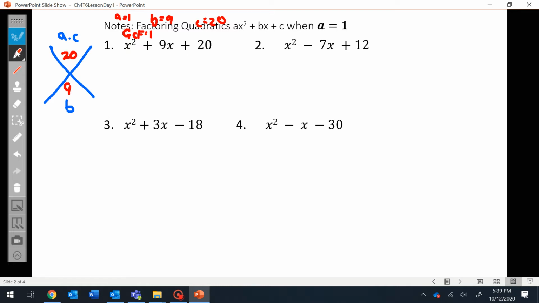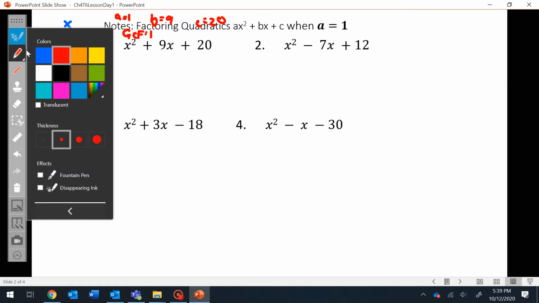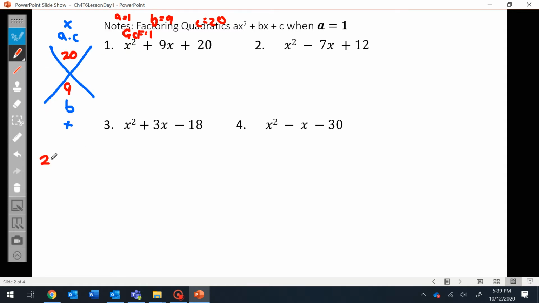What I'm looking for now is the two numbers m and n that multiply to give me a times c, and they add to give me b. So I need two numbers that multiply to give me 20 and add to give me 9. I'm going to think of all the numbers that multiply to give me 20. 1 times 20, 2 times 10, 3 does not go into 20, but 4 does. 4 goes in 5 times.